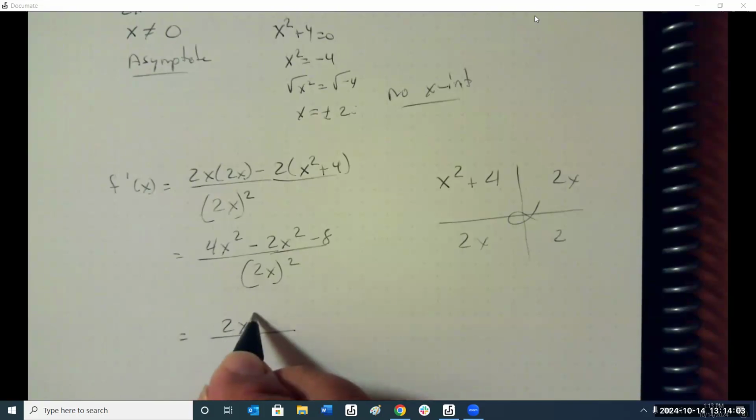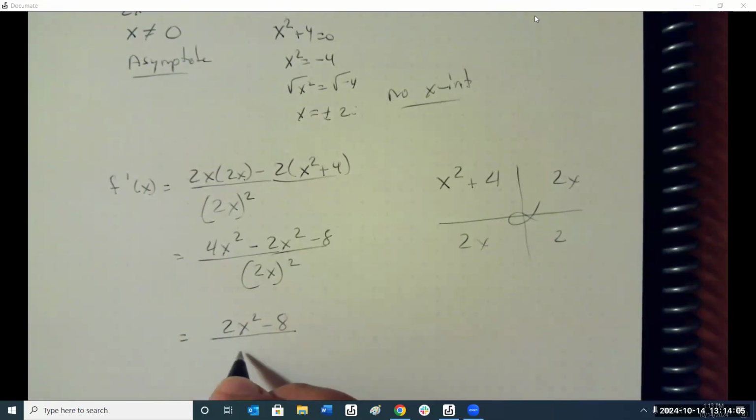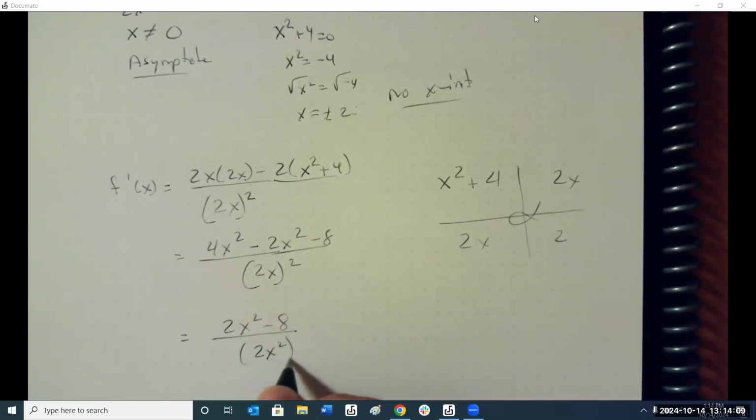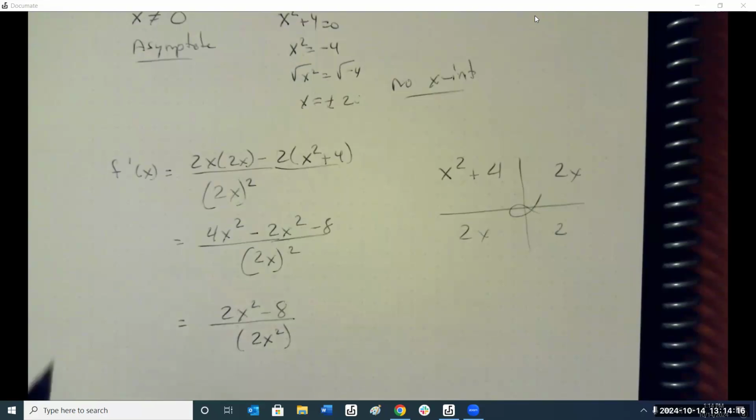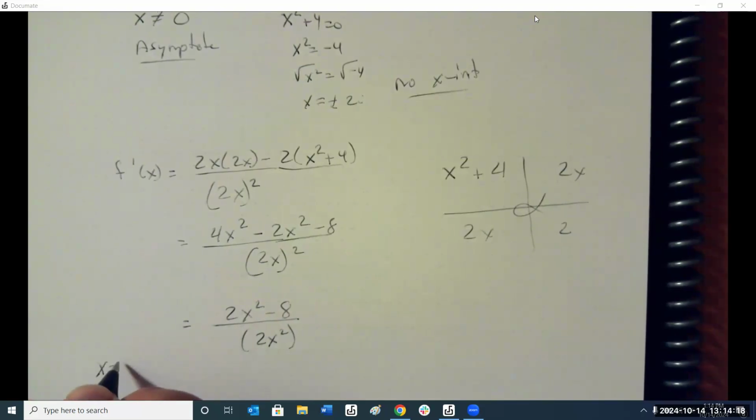Makes it 2x squared minus 8. Zero is still the asymptote.